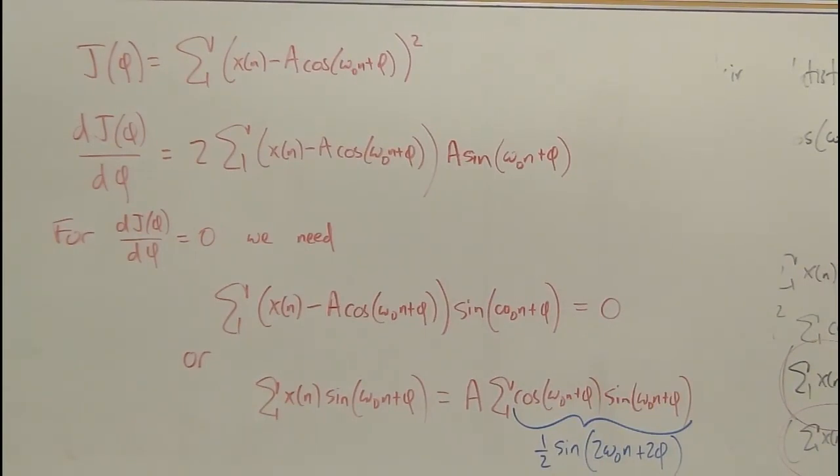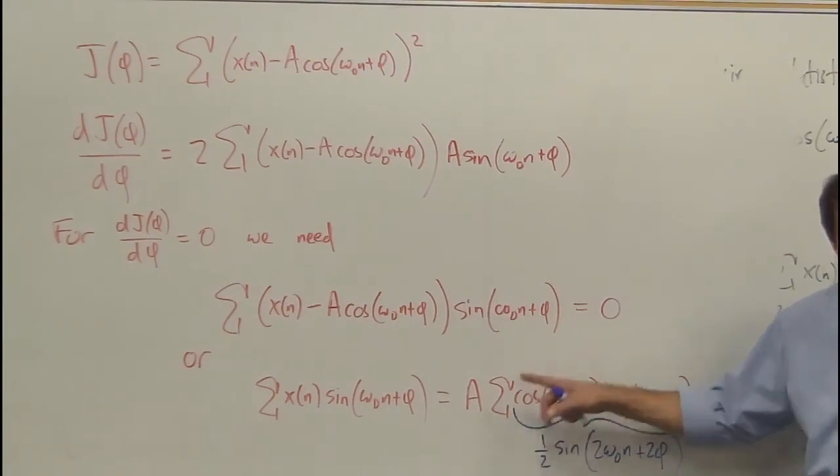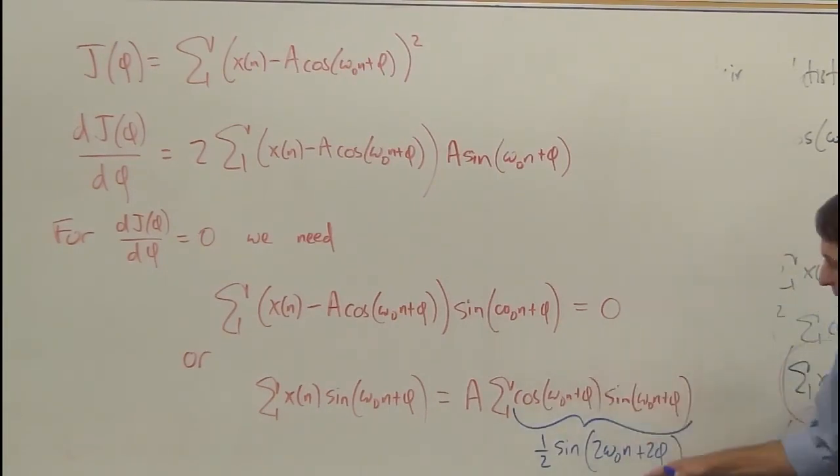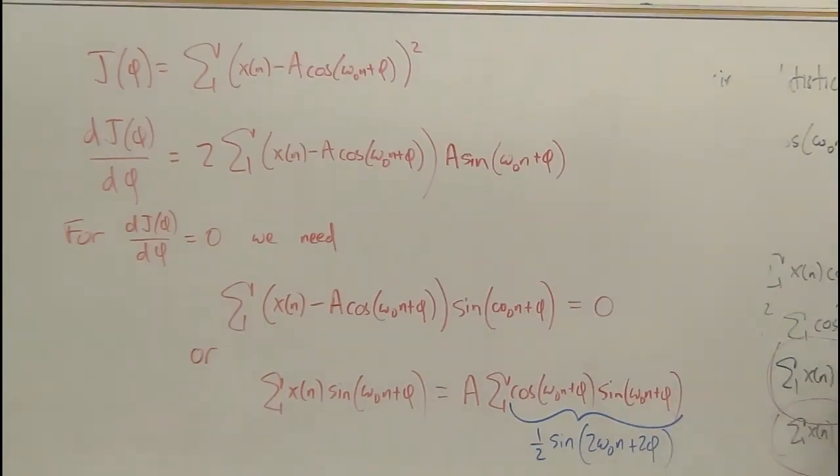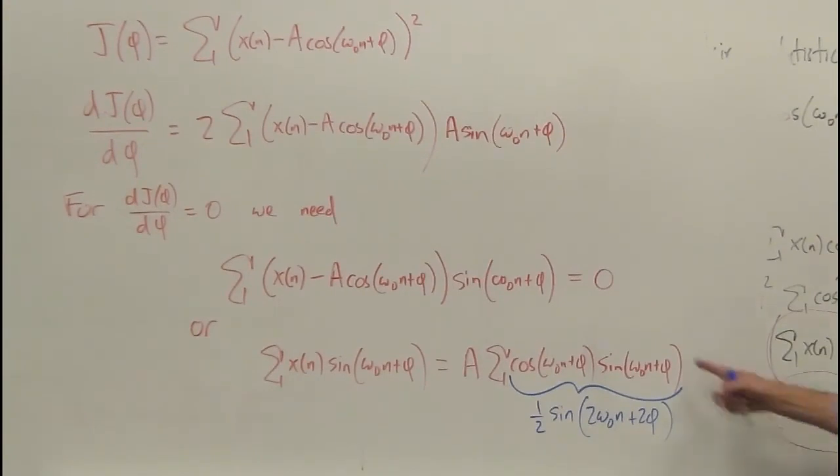The double angle, because the sine of twice theta is equal to twice the cosine of theta times the sine of theta. So if I think of theta as omega 0 n plus phi, I have twice that here. And what I'm doing is adding these things up over the values of n. So essentially I'm approximately integrating a sinusoidal function. So as long as the frequency of this sinusoidal function is not equal to 0, then this is going to be fairly close to 0.